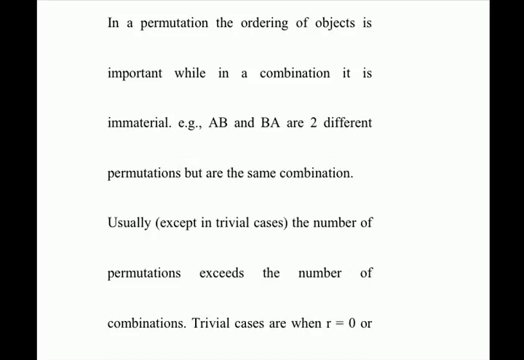So once again, just to highlight the difference between permutation and combination, in permutation the ordering of objects is important, while in a combination it is immaterial.